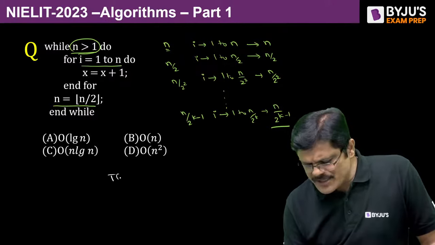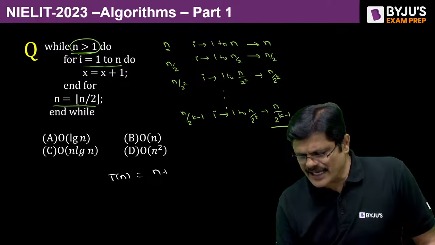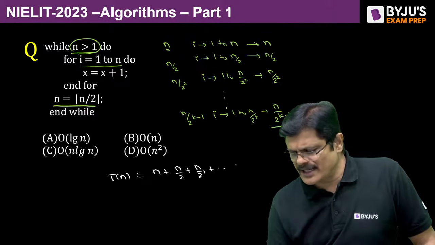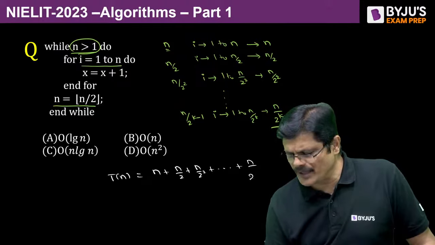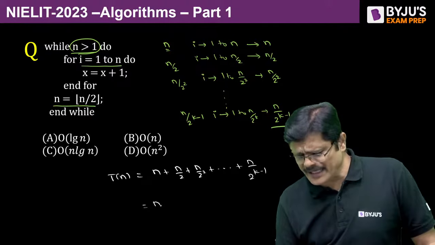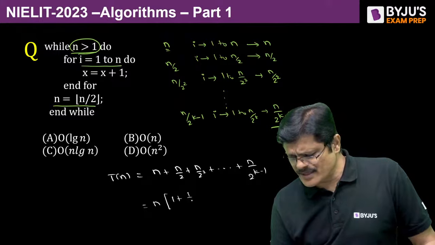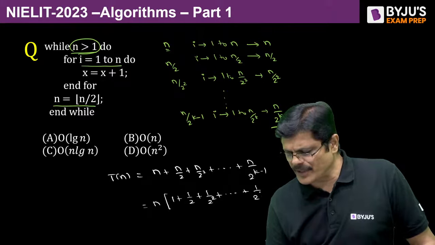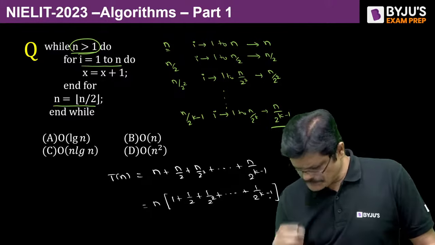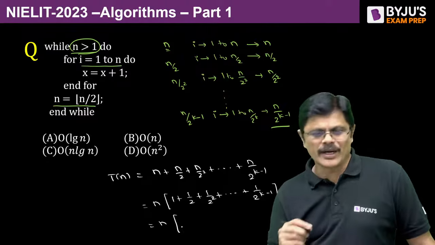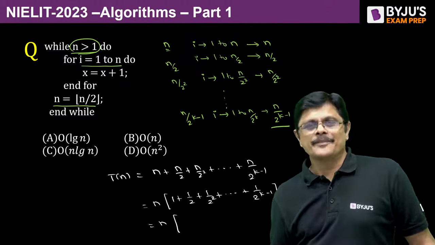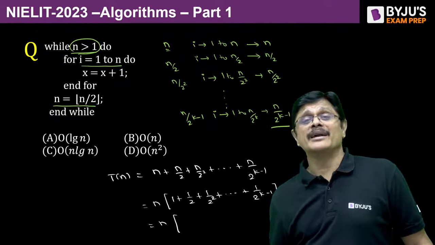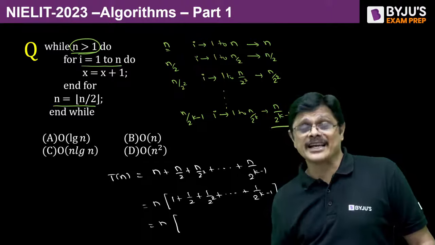So the time complexity would be the sum of all this. That is n plus n by 2 plus n by 2 square plus and so on, n by 2 power k minus 1. Taking n common, which is 1 plus 1 by 2 plus 1 by 2 square plus up to 1 by 2 power k minus 1. That is a geometric series: a into 1 minus r power k by 1 minus r, when r value is less than 1.